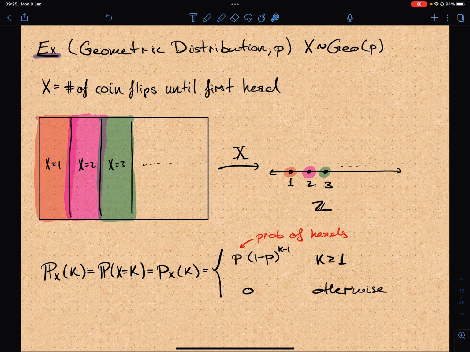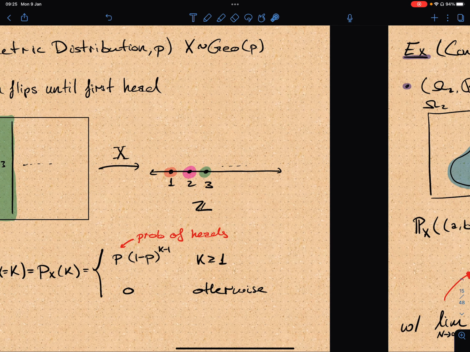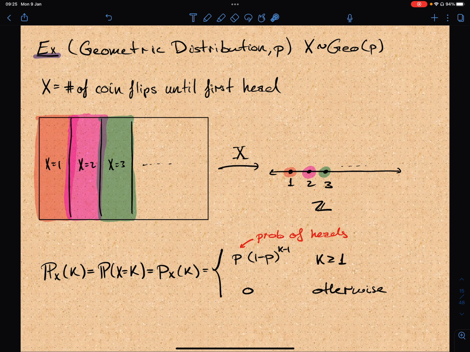And this last distribution that I'm going to talk about in the discrete case is the geometric distribution. Here we have a parameter p, and x has the geometric distribution, and we denote it this way. This is interpreted as the number of coin flips it takes until you first land a heads.